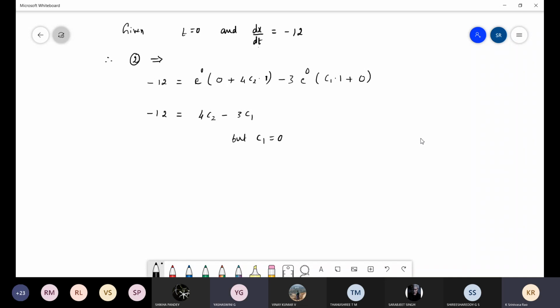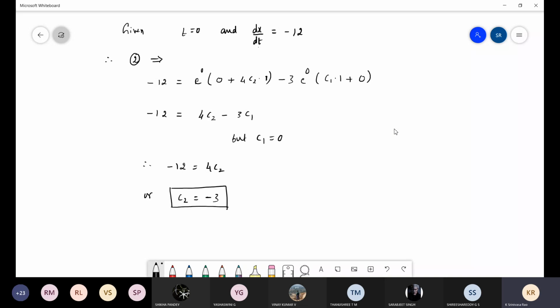C1 is 0. So minus 12 equals 4C2, or C2 equals minus 12 by 4, which is minus 3. So this is how you calculate the values of the constants with the given conditions.